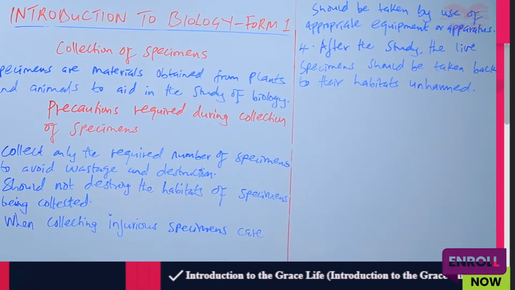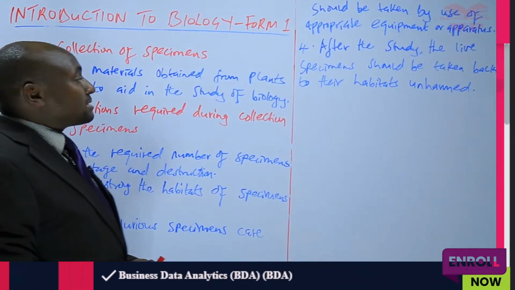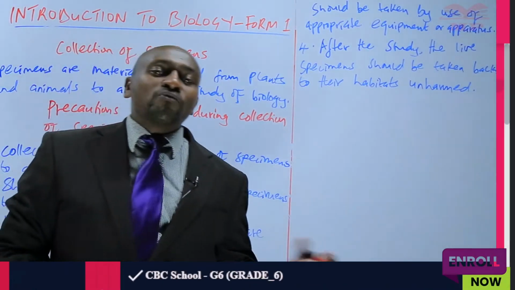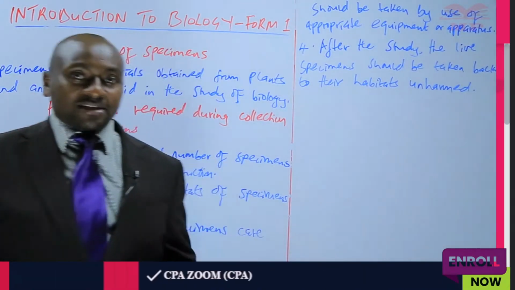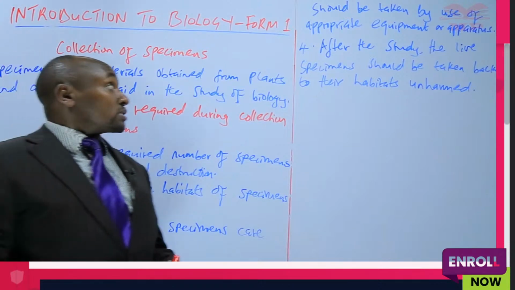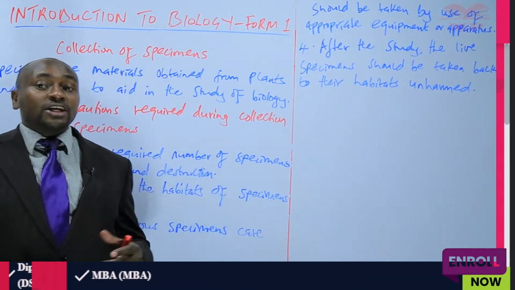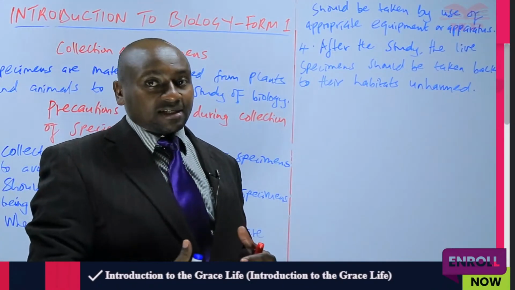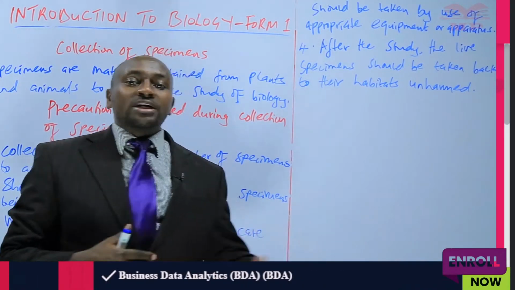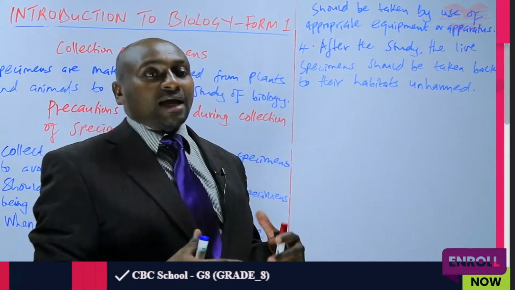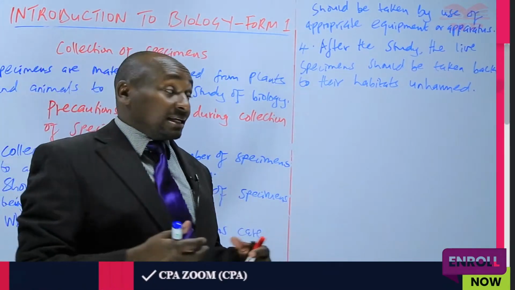Now, we also have some specimens that are highly mobile, that move very fast, like the centipedes. So for those highly mobile specimens, they should be immobilized. They should be slowed down using particular agents so that they can be caught easily.